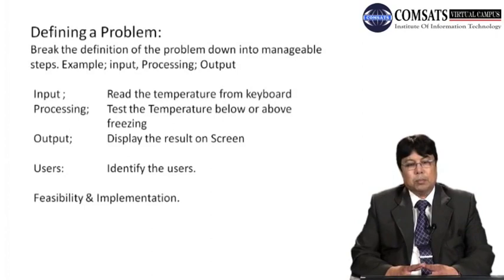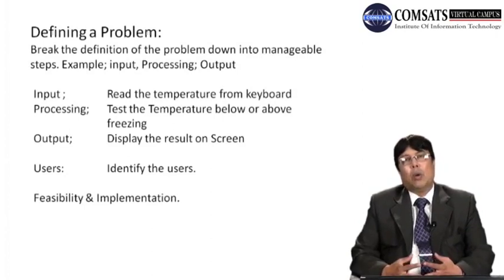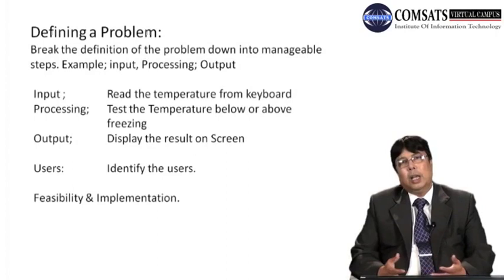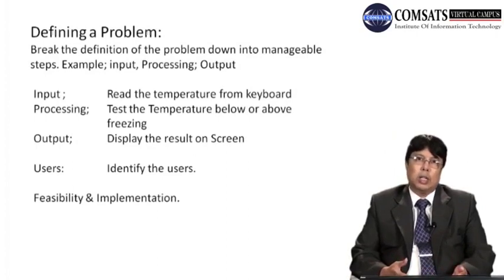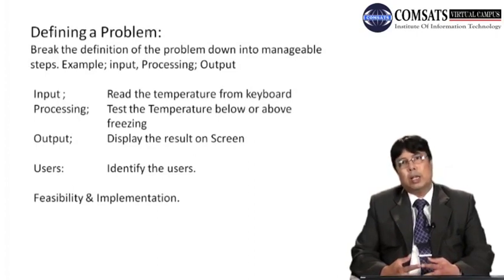Processing. Suppose the problem is that you want to read the temperature from the keyboard, and if the temperature is less than 32 degrees centigrade, you can say that it is below freezing, and if it is above that, you can say that it is above freezing.